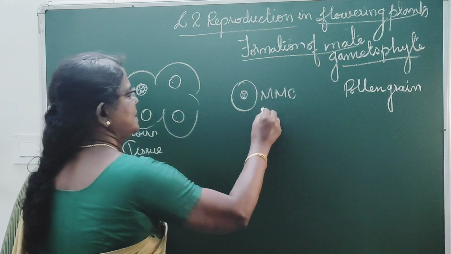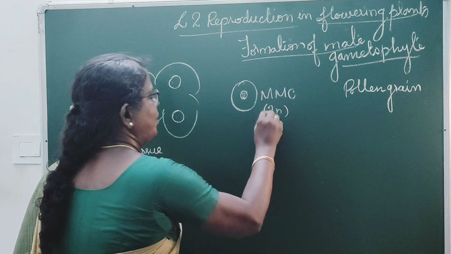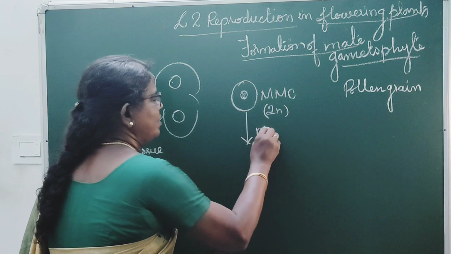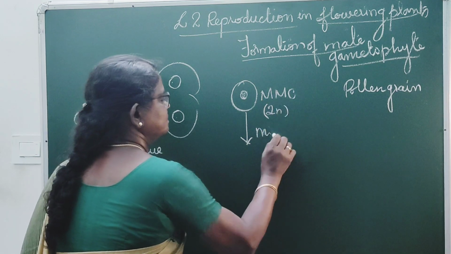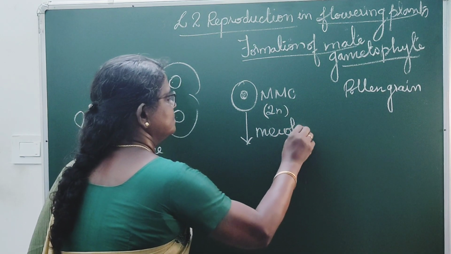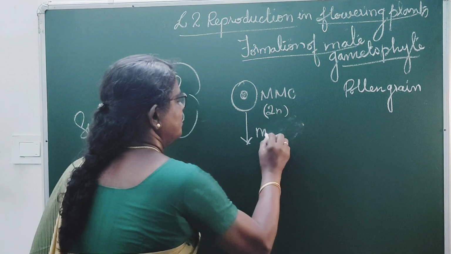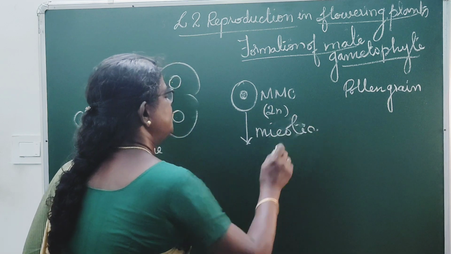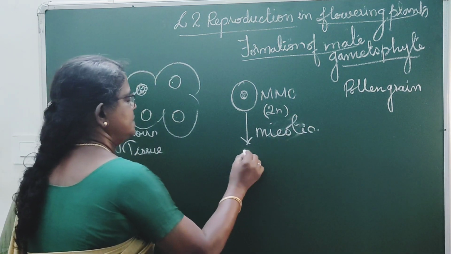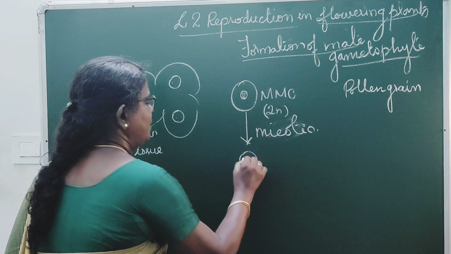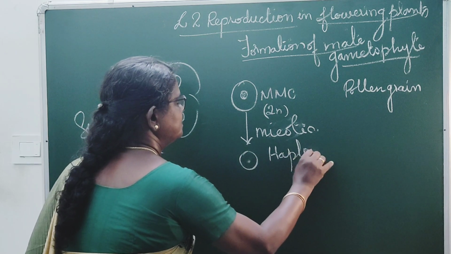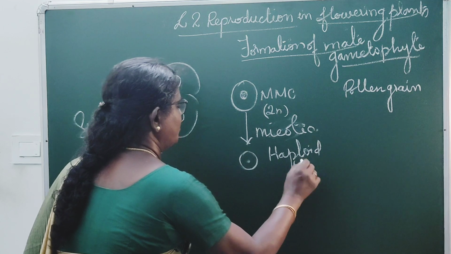This microspore mother cell is diploid in number of chromosomes, 2n. It undergoes meiotic cell division. By this meiotic cell division, it produces microspores with haploid number of chromosomes, means n number of chromosomes.